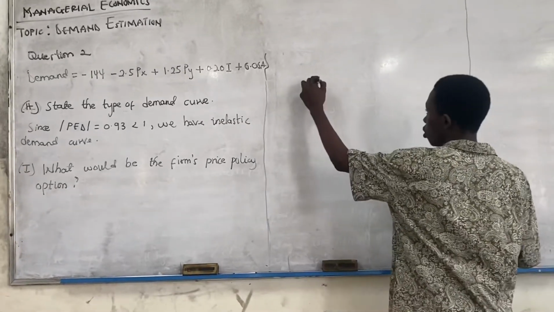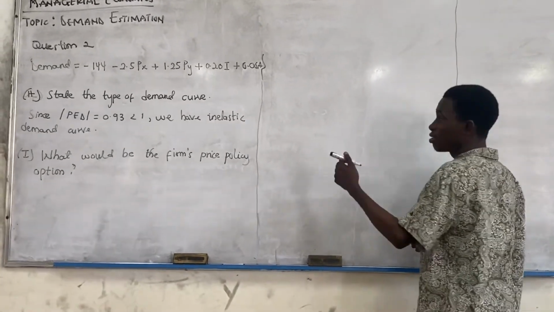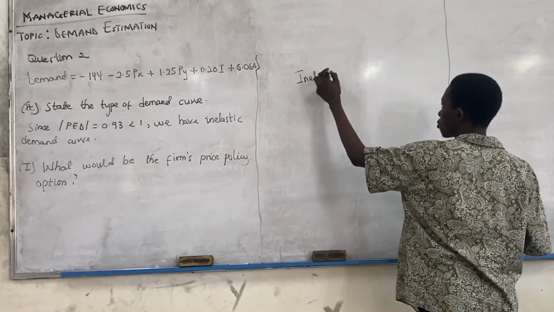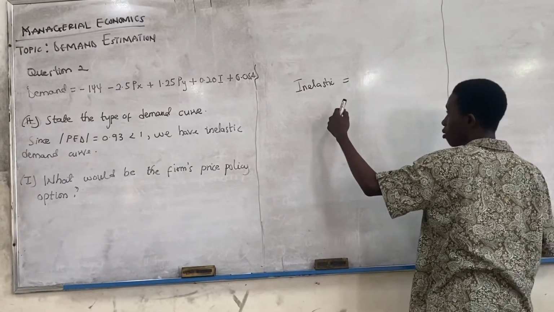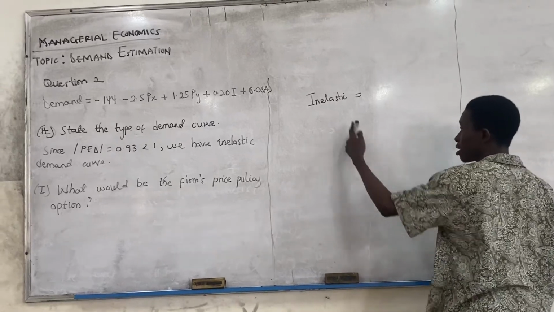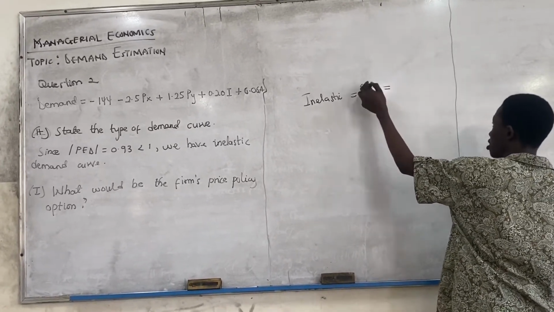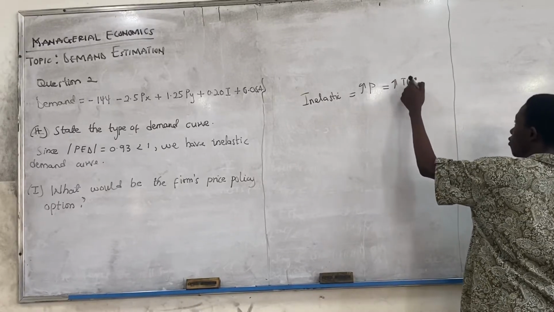If your answer for the own price elasticity of demand is inelastic, there will be an increase in price, which results in an increase in total revenue.